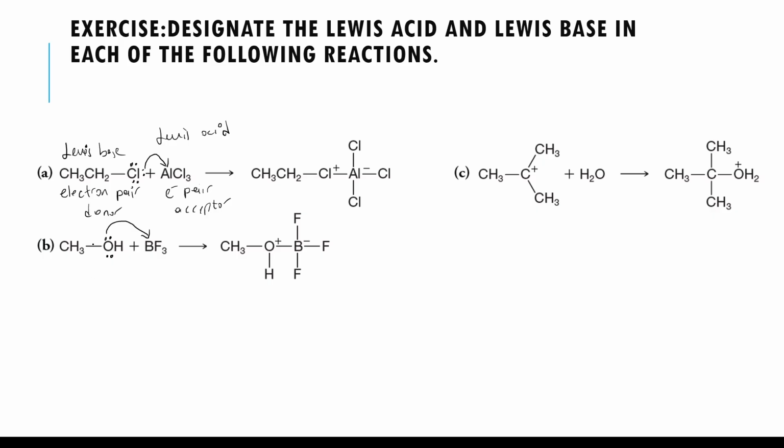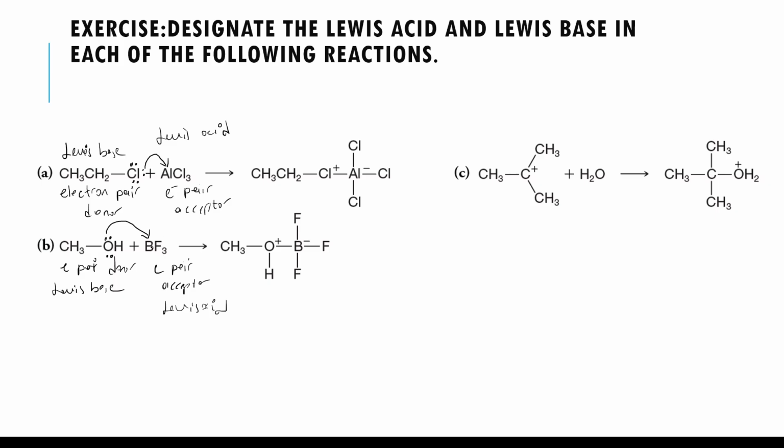So again, methyl alcohol, methanol, is an electron pair donor, and that's the reason why it is a Lewis base. And boron trifluoride is an electron pair acceptor, and for that reason it is a Lewis acid.